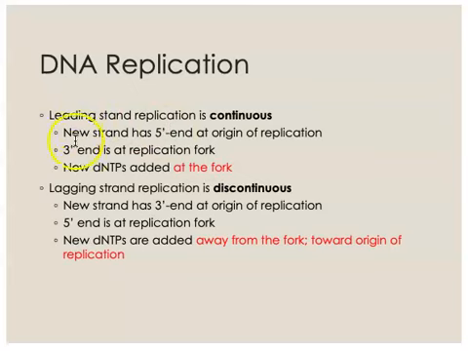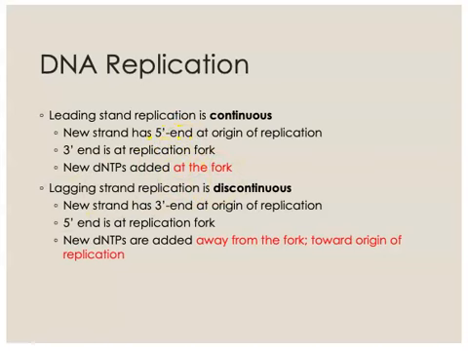It has its 3' end at the replication fork. So that means it's adding new nucleotides at the replication fork. As each new dNTP comes in, it will be added at the 3' hydroxy end, like all DNA is made. And the 3' hydroxy end just happens to be located at the fork.